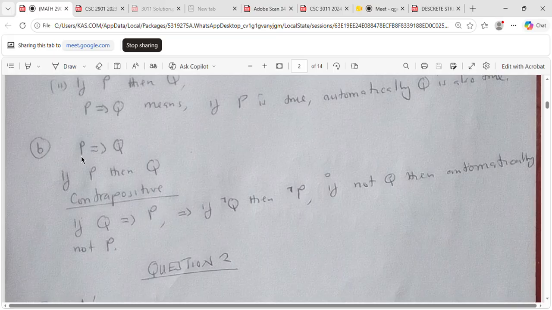So you put there P implies Q. Then you say if P, then Q.